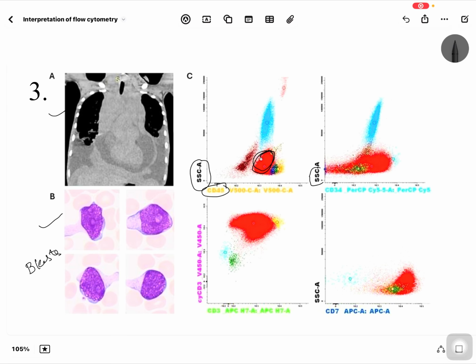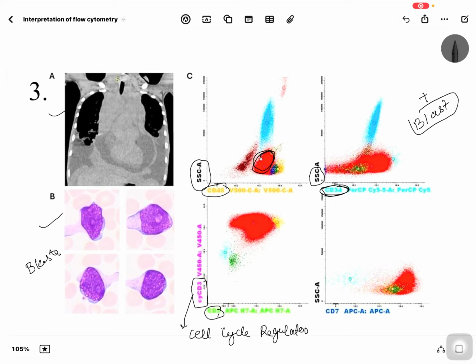Okay, so SSC and CD34. CD34 tells you about the blasts which are present. So blasts are present. Cyclin D3 and CD34. So what does this population tell you? Yes, cyclin D3 is nothing but a cell cycle regulator. If we divide it like this, both are coming positive.